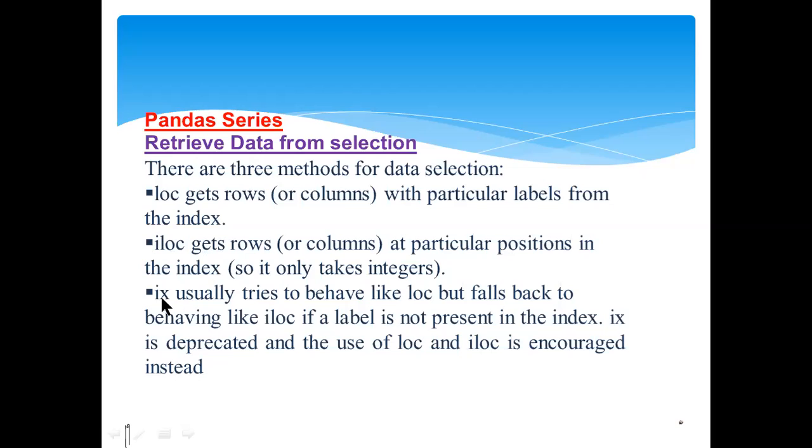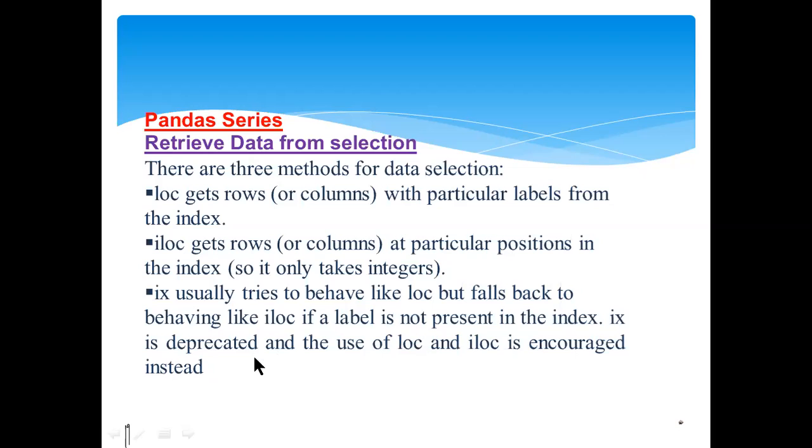Next is ix. It usually tries to behave like loc, but falls back to behaving like iloc if the label is not present in the index. ix is deprecated, and use of loc and iloc is encouraged instead.